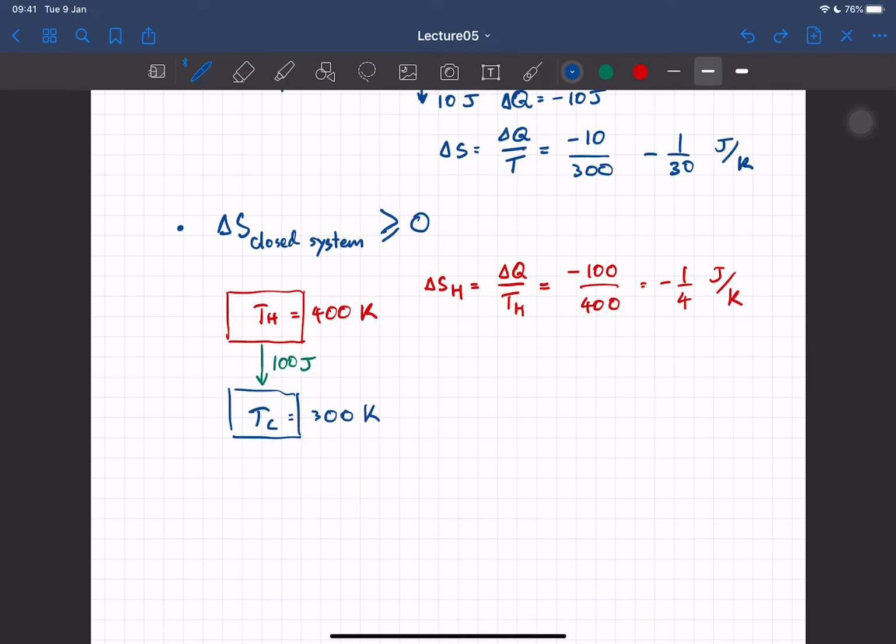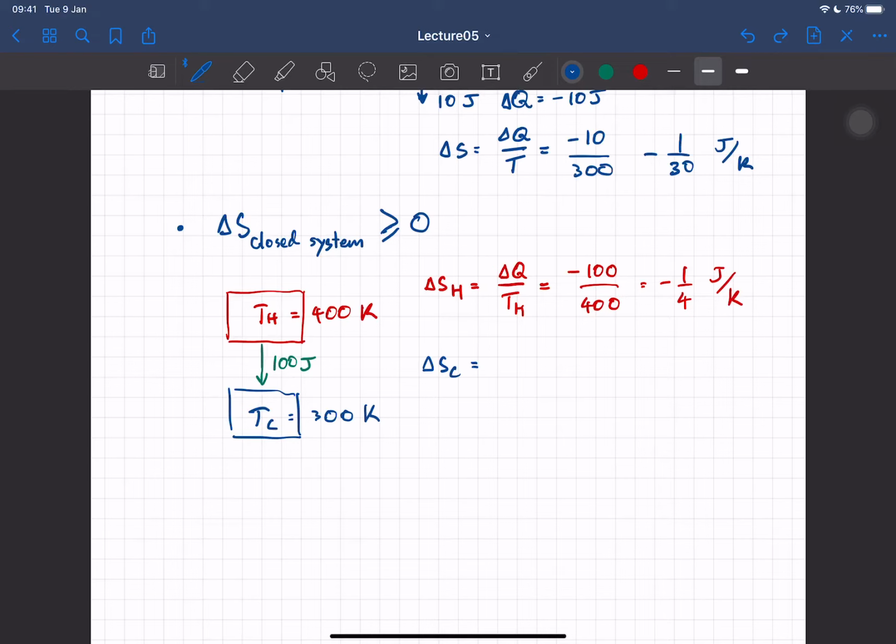Now the system also contains the cold part, so we cannot ignore that. So let's talk about delta SC, which is the change of the entropy of the cold side. Now the cold side receives heat, so delta Q is positive. But delta Q is still 100 joules, because everything that you get from the hot side must go to the cold side.